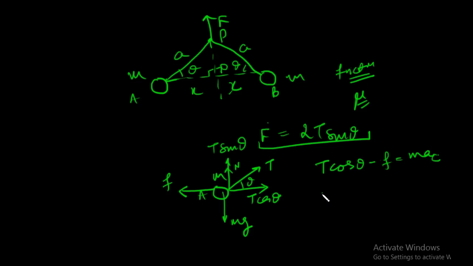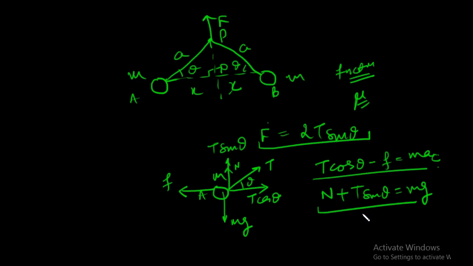So the vertical equation will be N plus T sin theta, this would be equal to mg. Now this is the equation, okay. Alright, so we can calculate N here. N would be equal to mg minus T sin theta.